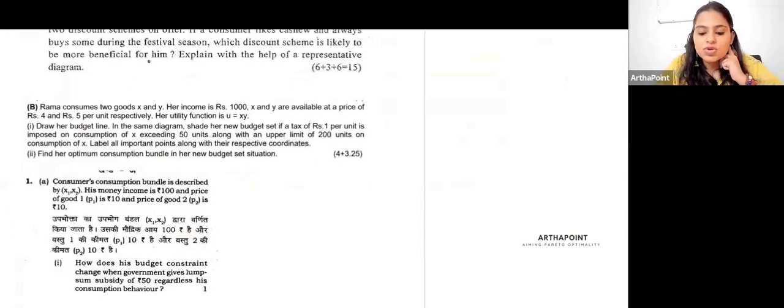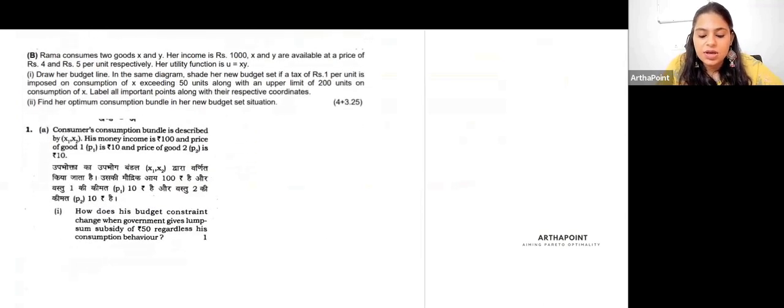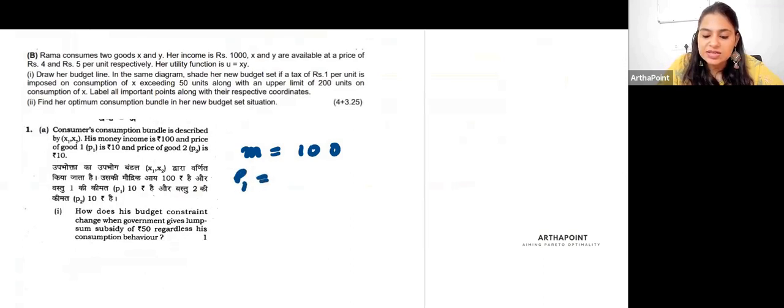Okay, so we are going to take a look at the first question. This one. Consumption bundle is described. His money income M is given by 100. Price of good 1 is given to you as 10 and price of good 2 is given to you as 10.